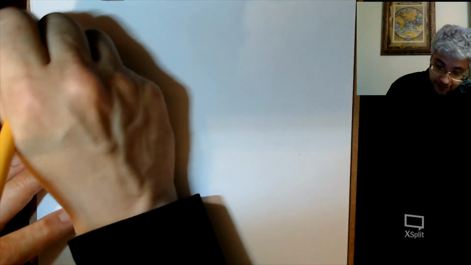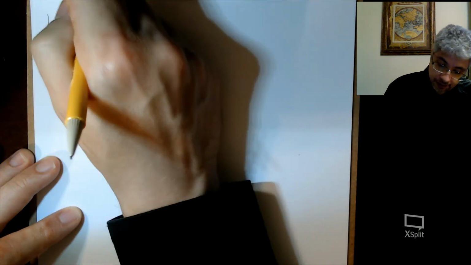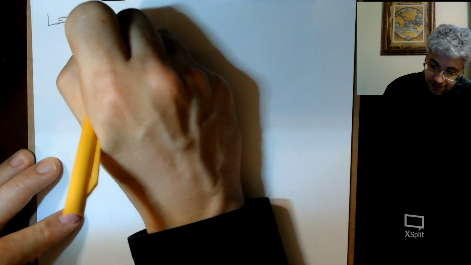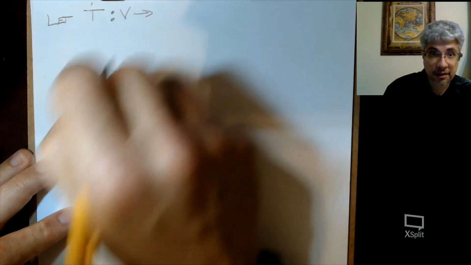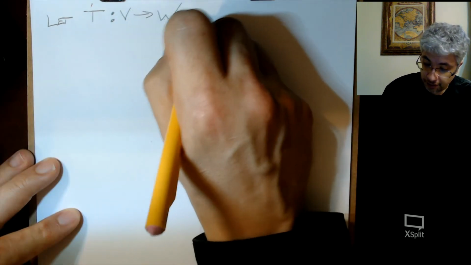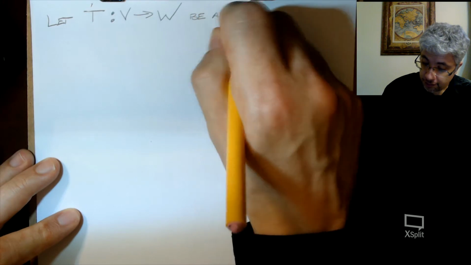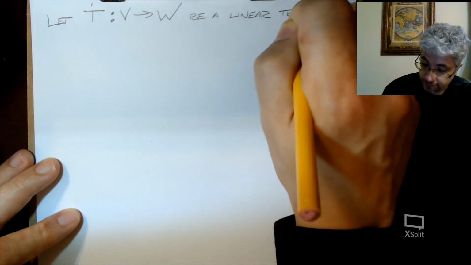So let T be some linear map. Let's call it T. I don't really care which letter. You could use a letter of your choosing. So let T be a linear transformation.